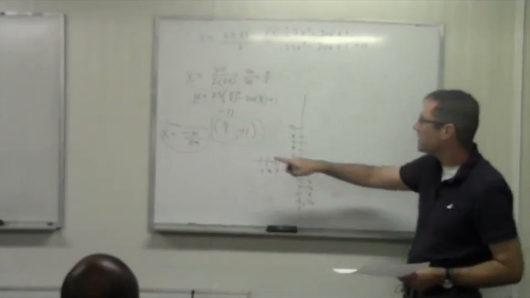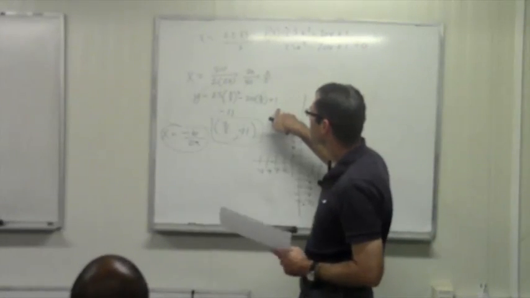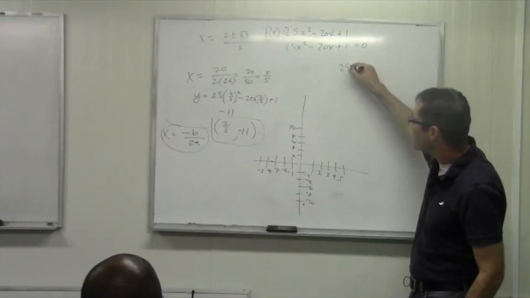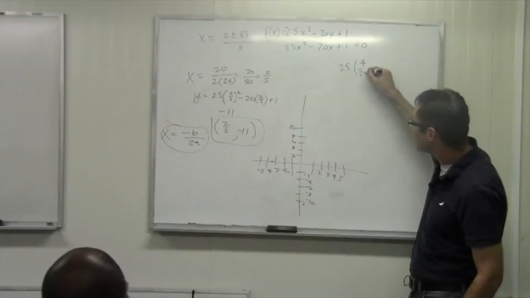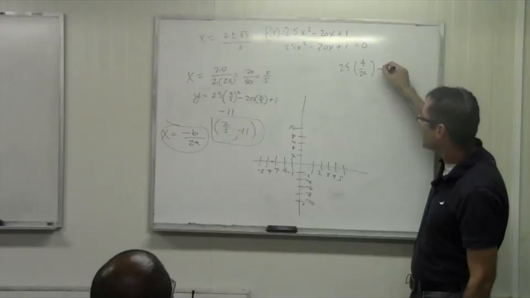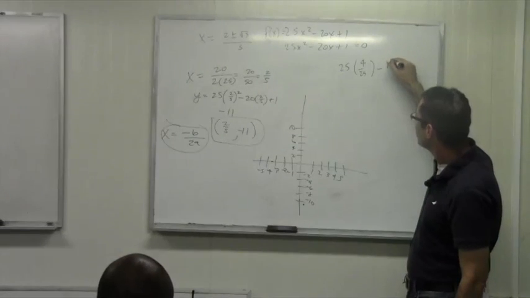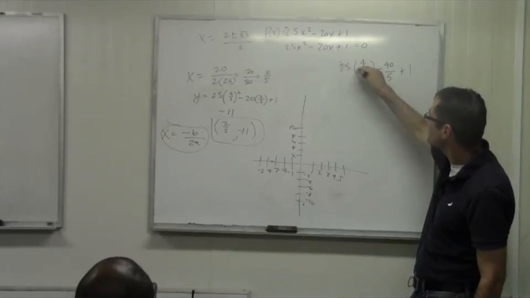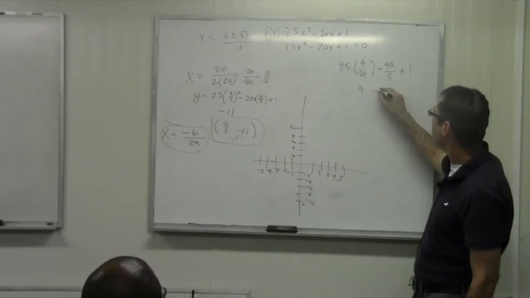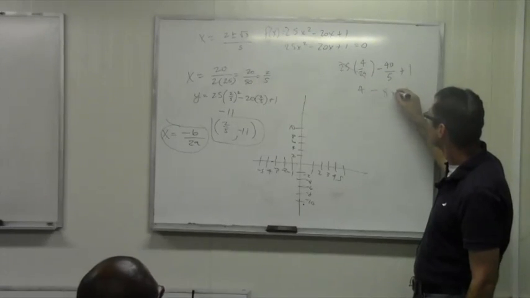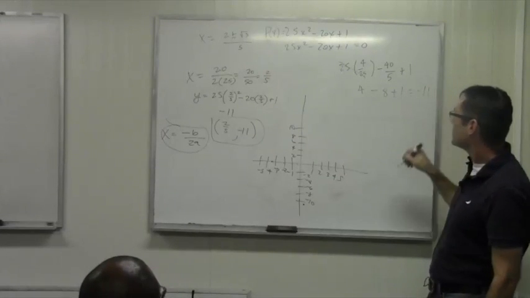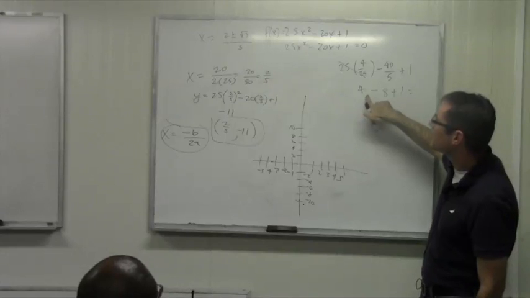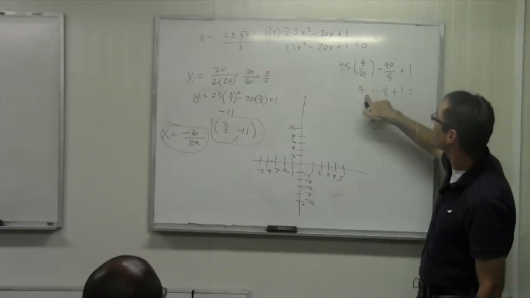When you plugged in this whole thing? OK, let's see. OK, so 25 times 4/25 minus 40 over 5 plus 1. 4 minus 8 plus 1 equals negative 11. No, sorry, you're right. 4. It wasn't negative 25, was it?